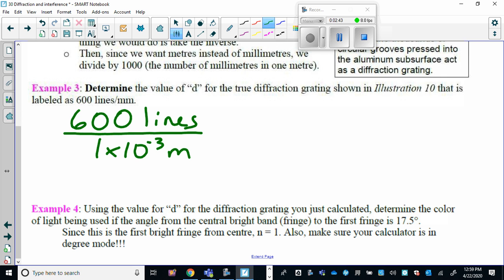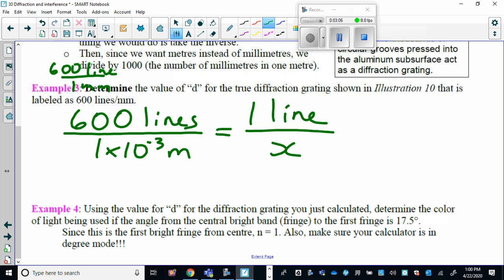So I'm just going to convert that 1 millimeter. This is 600 lines per 1 millimeter, which is the same as 600 lines per 1 times 10 to the negative 3 meters. If there are 600 lines in that distance, what distance is 1 line? I'm just going to put x, even though it should really be the variable d, because x is something else, but we just use x in math so much.